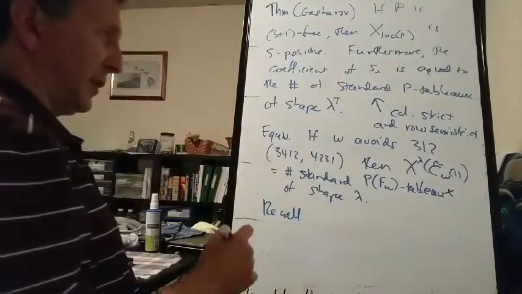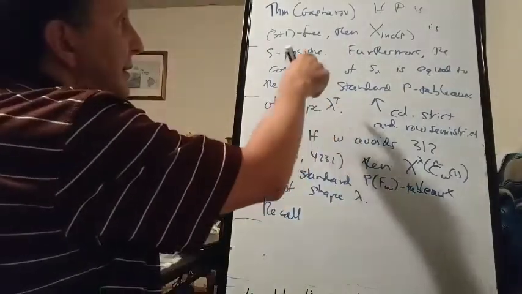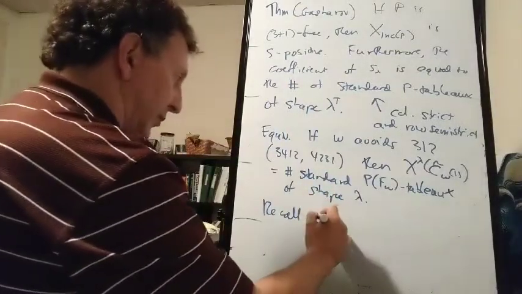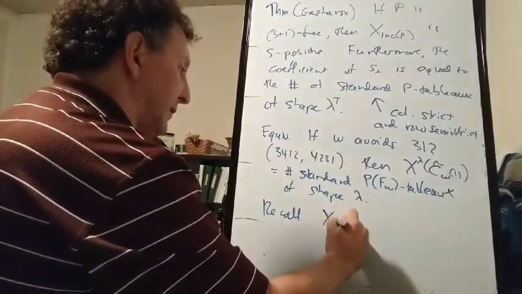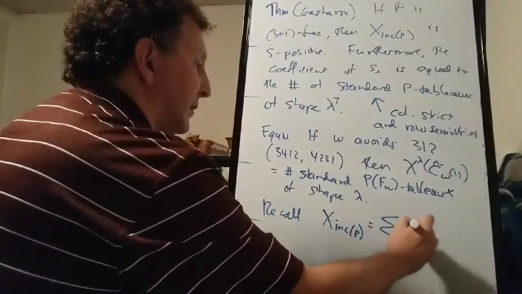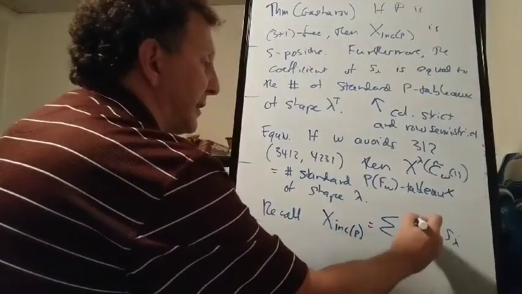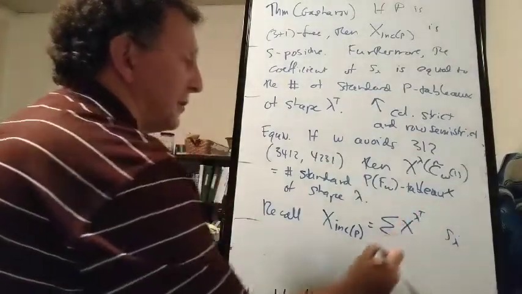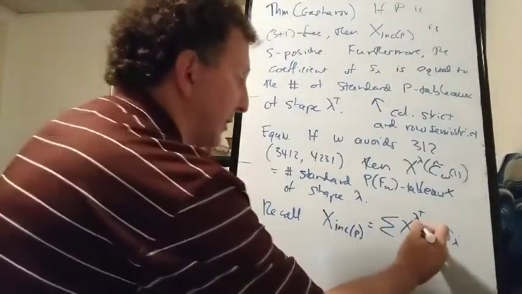Recall we don't need a transpose here because it's already accounted for there. So next to the Schur function s lambda, we have the evaluation of the irreducible character indexed by lambda transpose.